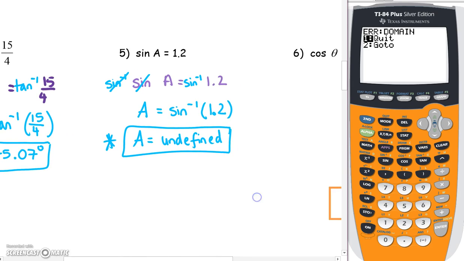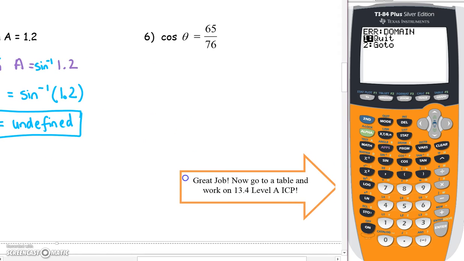All right, last one. We have cosine of theta equals 65 over 76. So we're going to just write this problem down. And on both sides, to get rid of cosine, we're going to do cosine inverse.